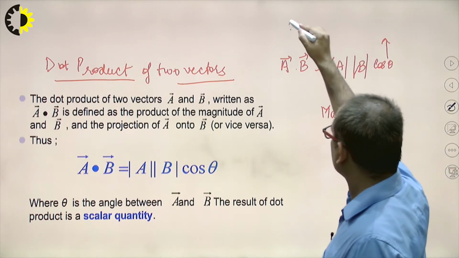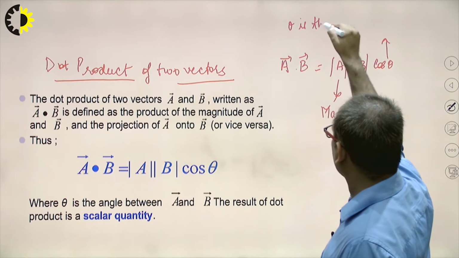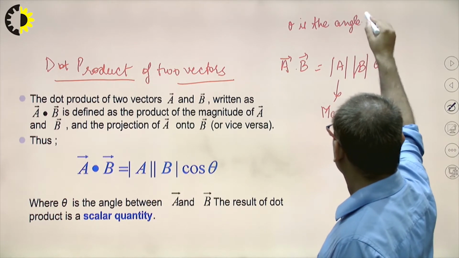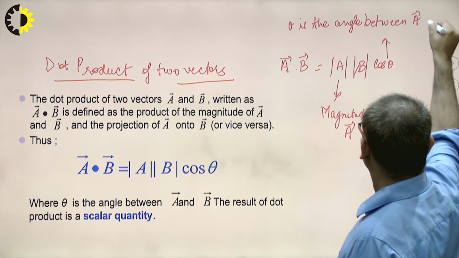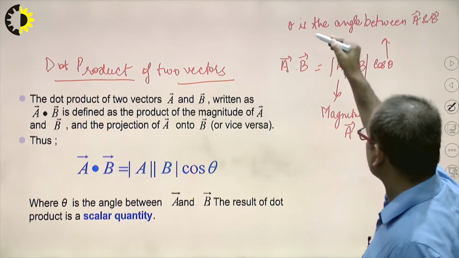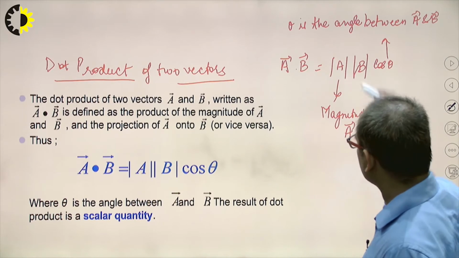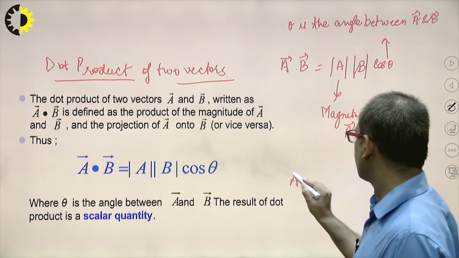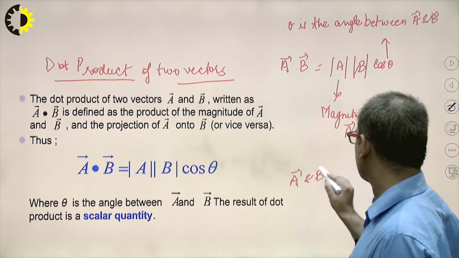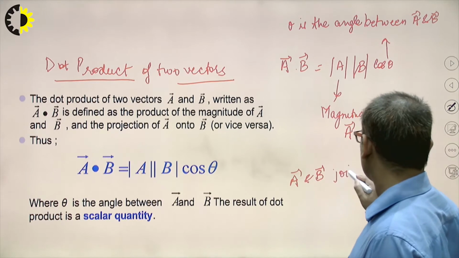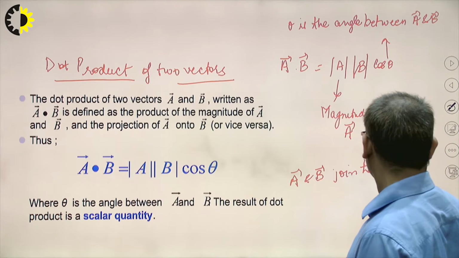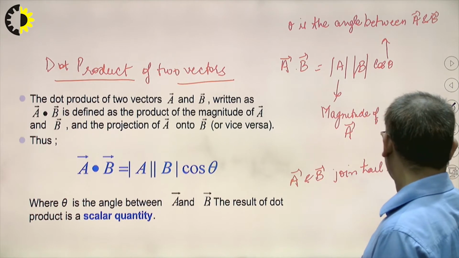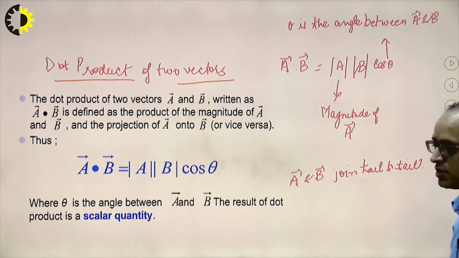Theta is the angle between A vector and B vector. The condition is that A vector and B vector are joined tail to tail, then only we can find out theta.